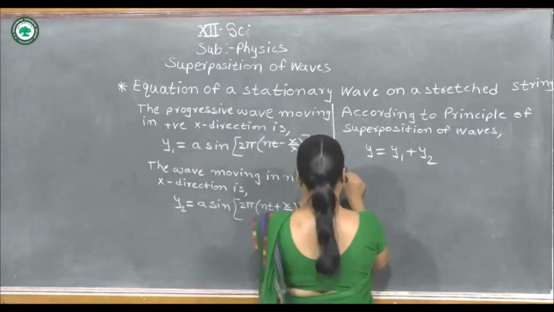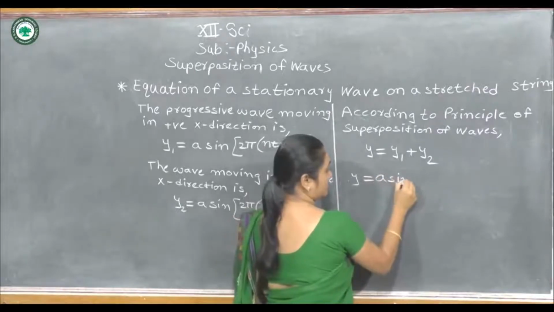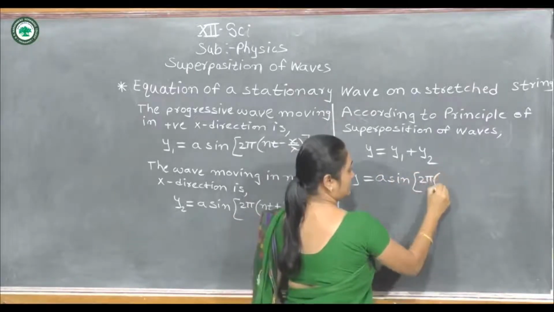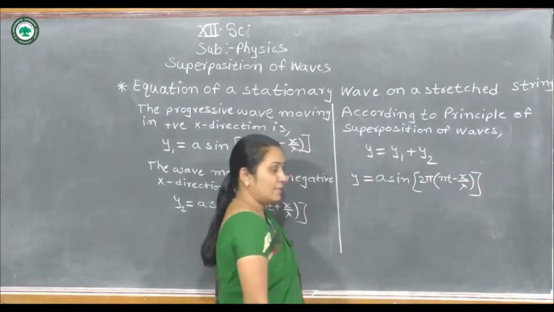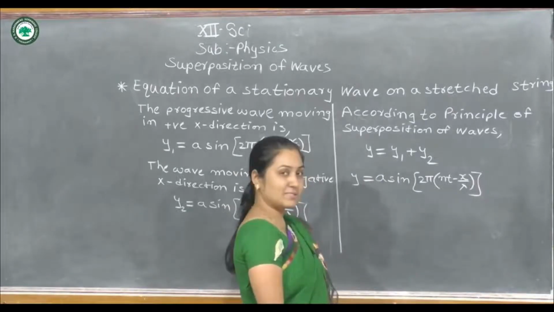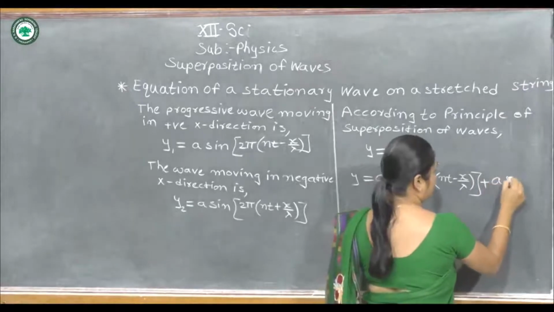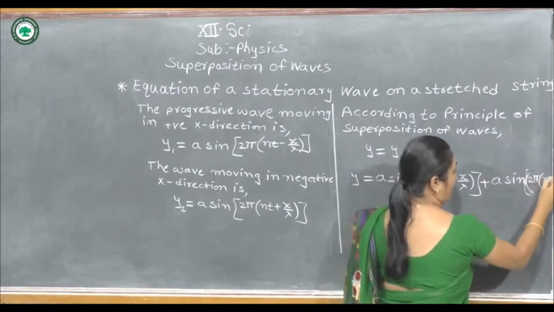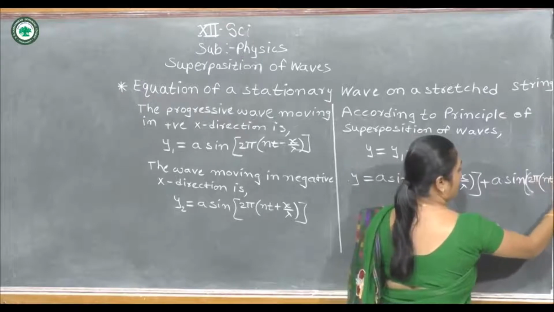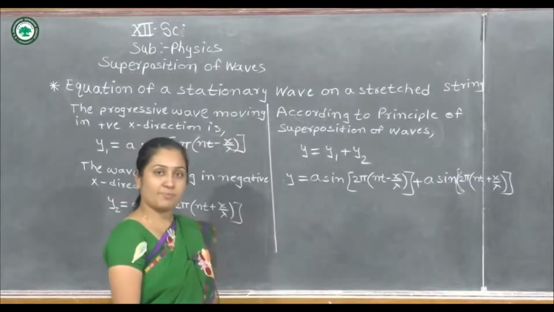Therefore, y equal to a sin 2 pi (nt minus x upon lambda) plus a sin 2 pi (nt plus x upon lambda).